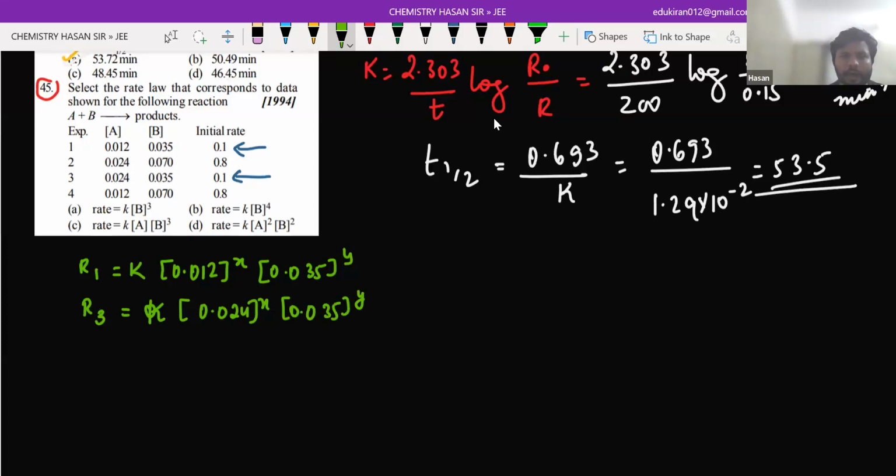Now you know that R1 is given as 0.1, and I'm going to put the values as well as take the ratio of 1 by 3. R1 is 0.1 and R3 is also 0.1.